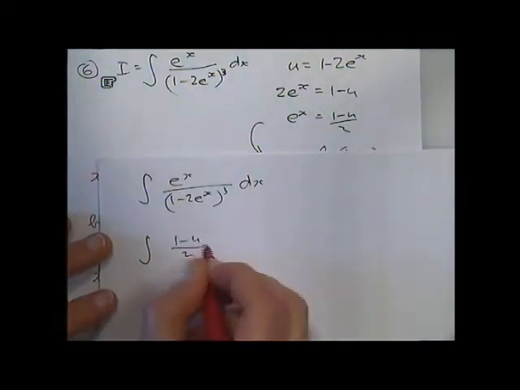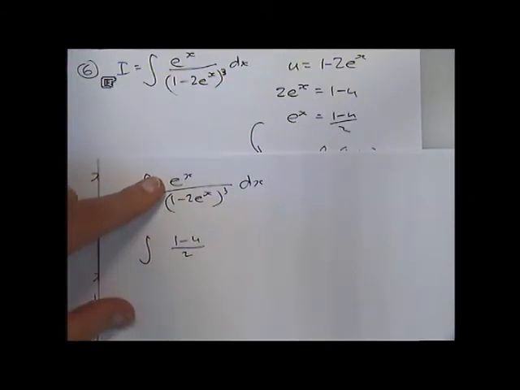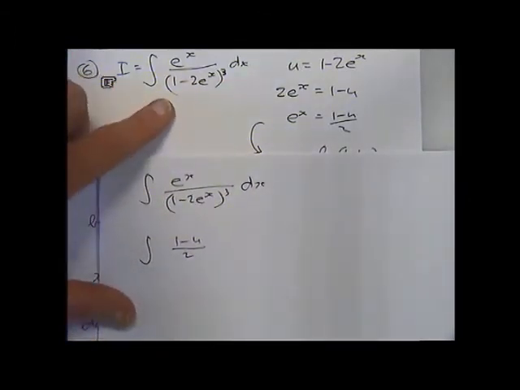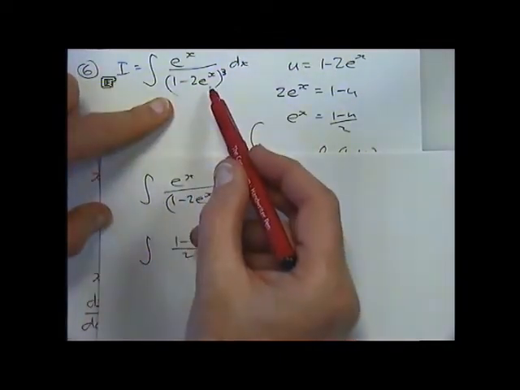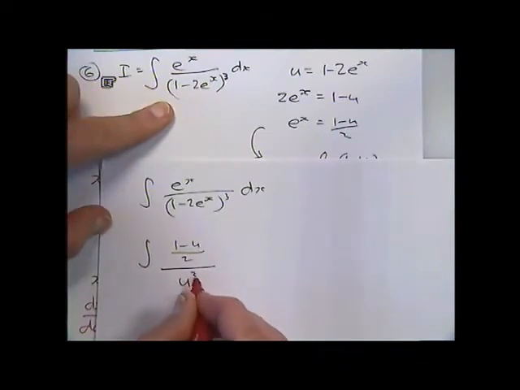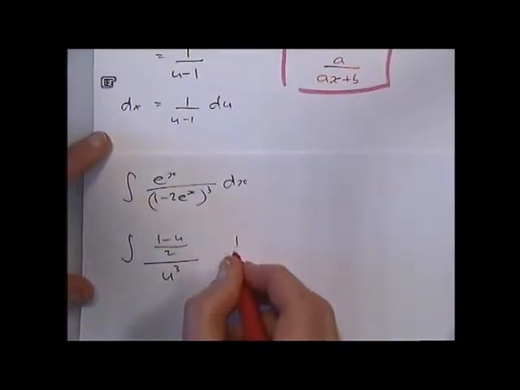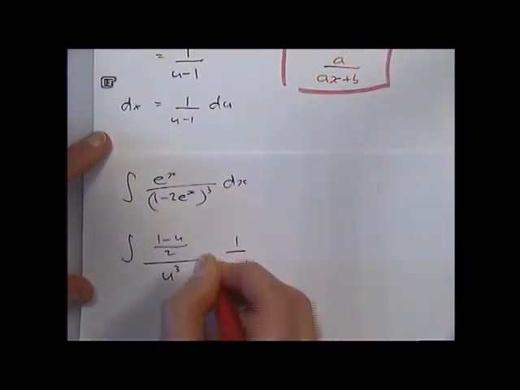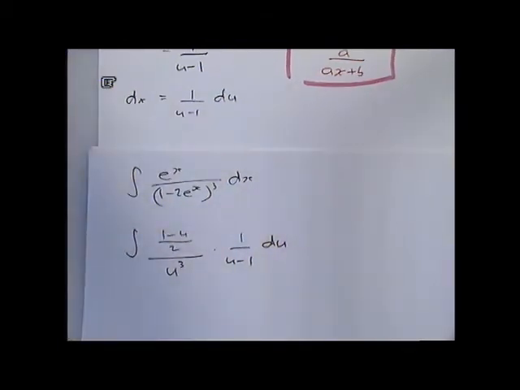So the top of my fraction here, my e to the x, is going to be that. My 1 minus 2e to the x, that is u, and that is being cubed. And I've just worked out that dx is 1 over u minus 1 du. So, if you do your substituting in, that's what you should get.